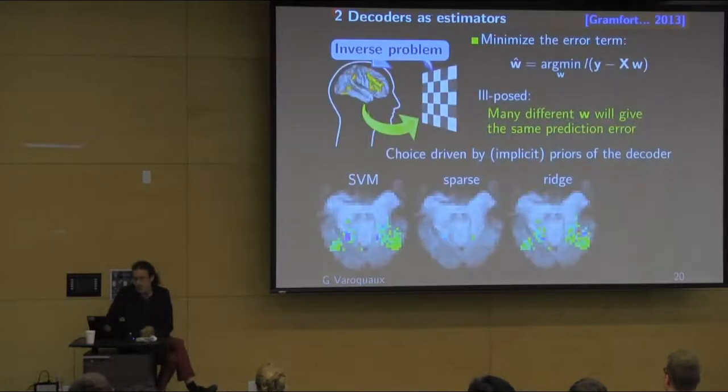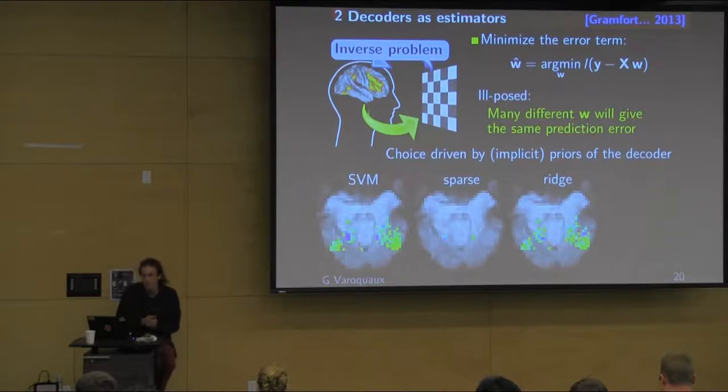Okay, well, let me formalize this a bit, because this is actually a challenging problem from a statistical standpoint. Really, what we're doing here is a form of inverse problem, where we are trying to find a map that predicts well, that minimizes a prediction error. But this map is a high-dimensional object.